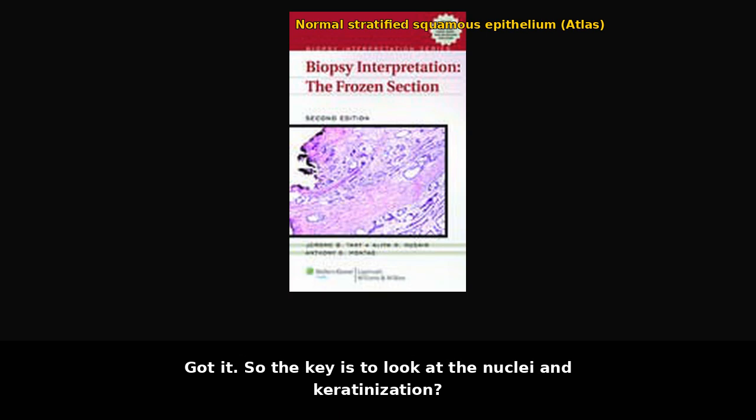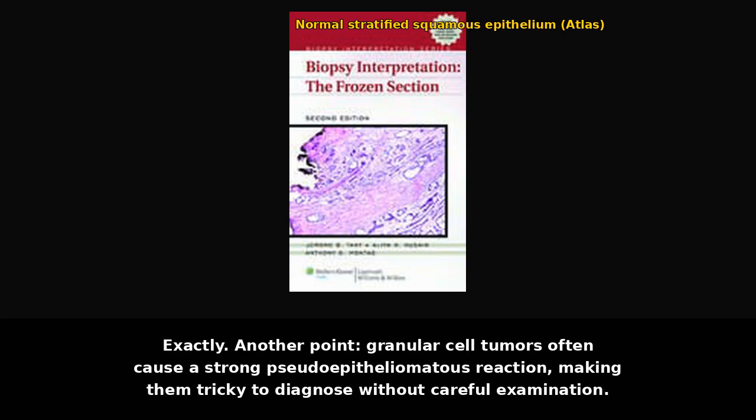Got it. So the key is to look at the nuclei and keratinization. Another point, granular cell tumors often cause a strong pseudoepitheliomatous reaction, making them tricky to diagnose without careful examination.